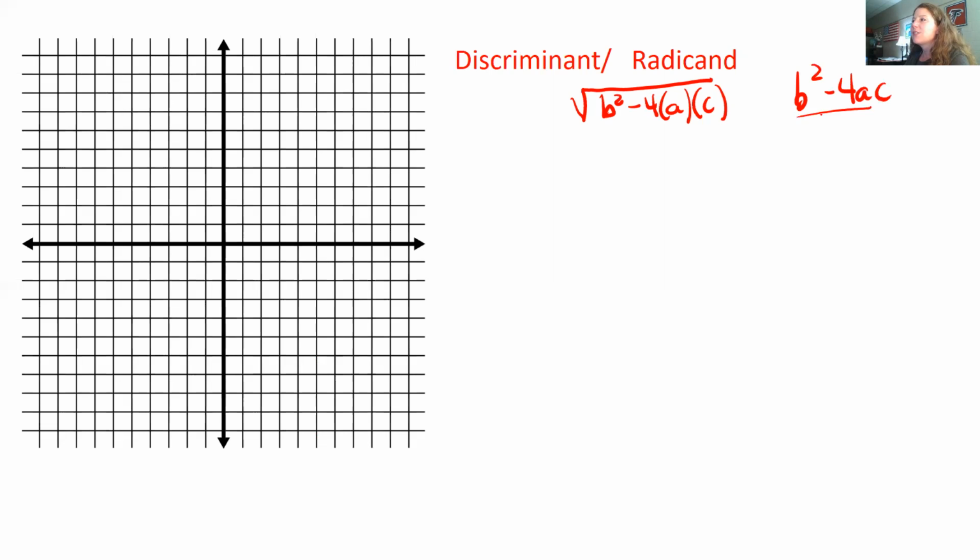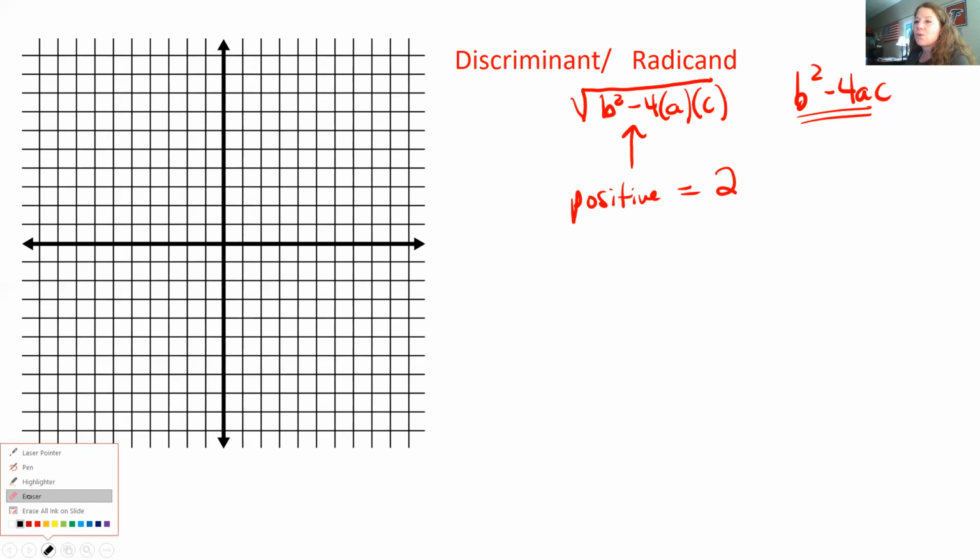When you plug this into your calculator, if you end up with a positive answer, a positive number means you're going to have two solutions, or in other words, two x-intercepts.